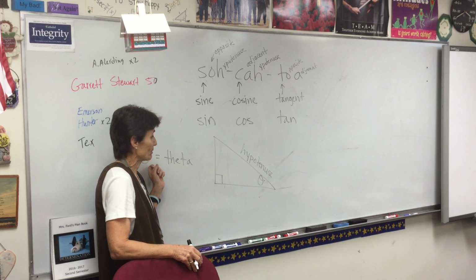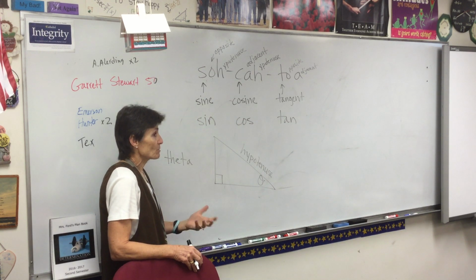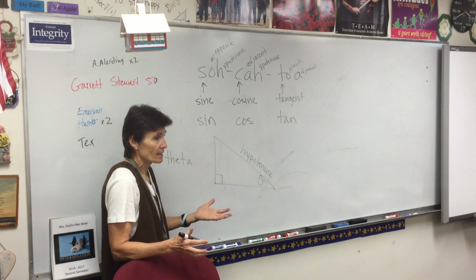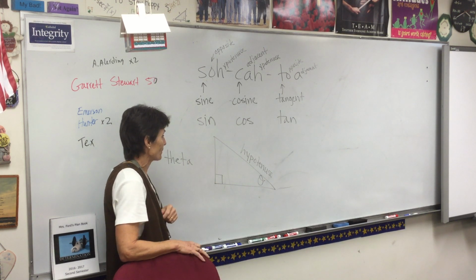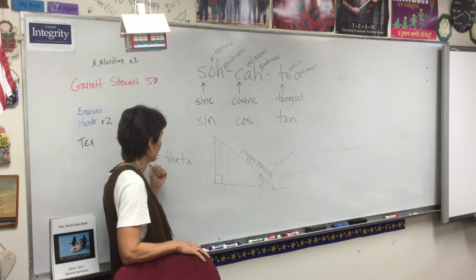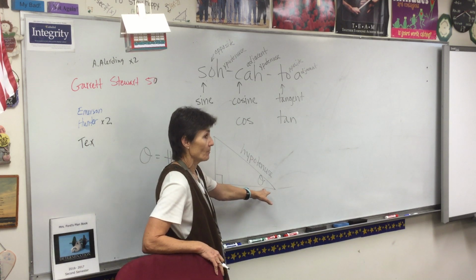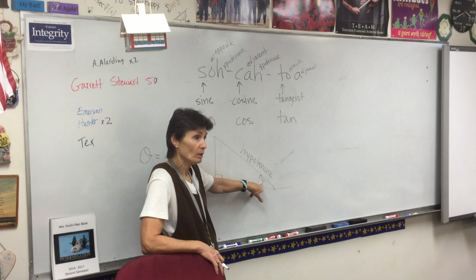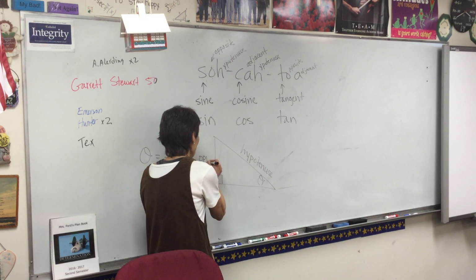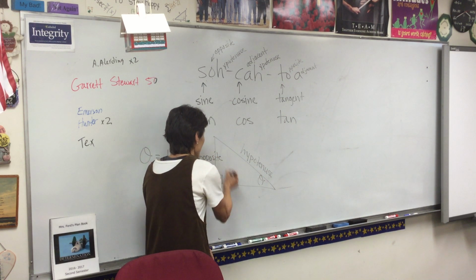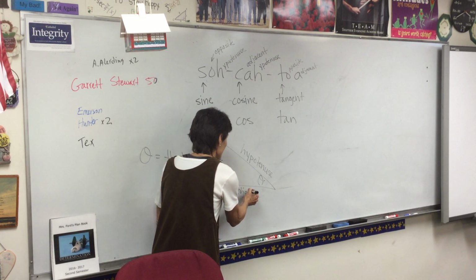Since trigonometry was originally studied by the Greeks, a lot of what we do still incorporates their labeling system. So theta is our angle. If that's where I put it, then this side is called the opposite side, and this side is called the adjacent side.